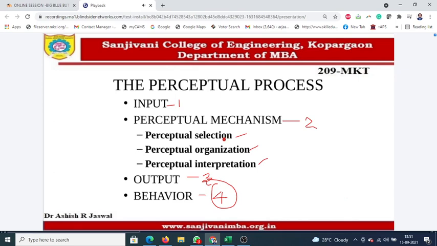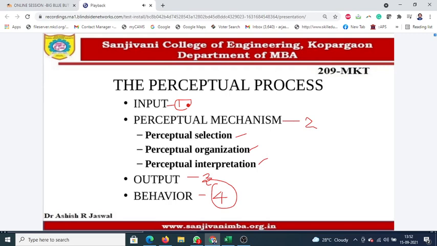The first one is input. What happens in this input? Input to a perceptual process is the stimuli that surround an individual and exist in the environment. That means the stimuli can be anything: a person, an object, a thing, or a situation.